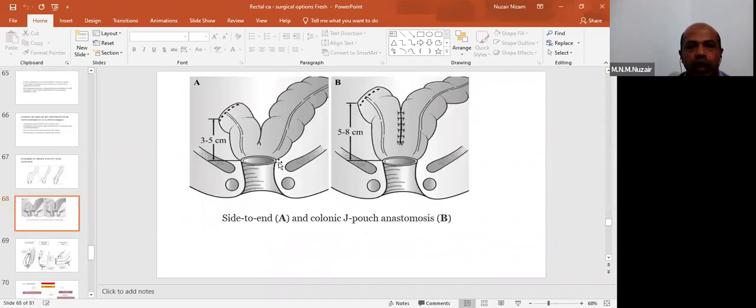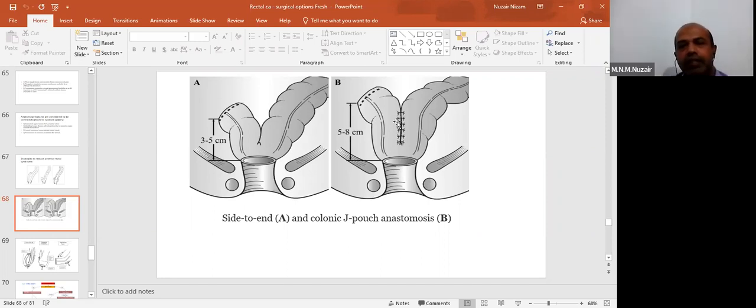Rather than doing an end-to-end anastomosis, you can do an end-to-side anastomosis. You don't anastomose here, you anastomose somewhere here. Or you can make a J pouch, where you make a 5 to 8 centimeter pouch and then anastomose to the anal canal.